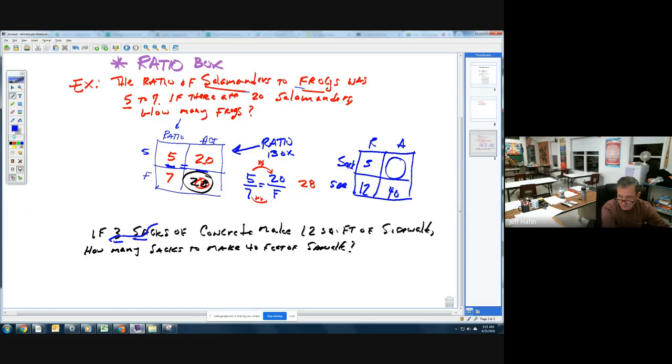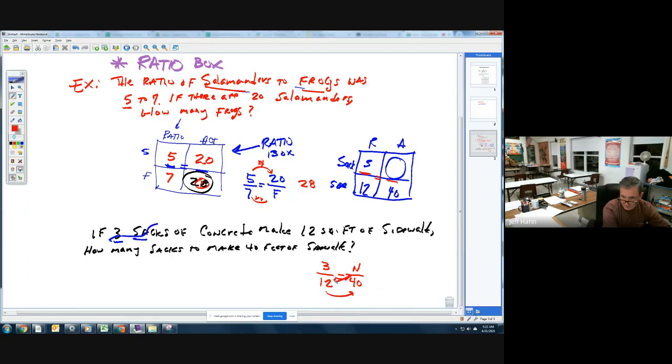Here is where using cross products is going to come in, because if you think of these as equal fractions, you get 3 over 12 equals what number over 40? Since 12 times what is 40, I don't know, I'm going to use cross products like we learned.